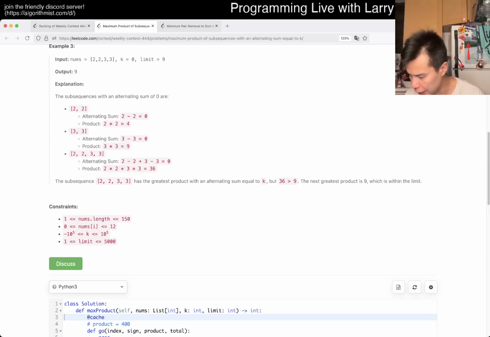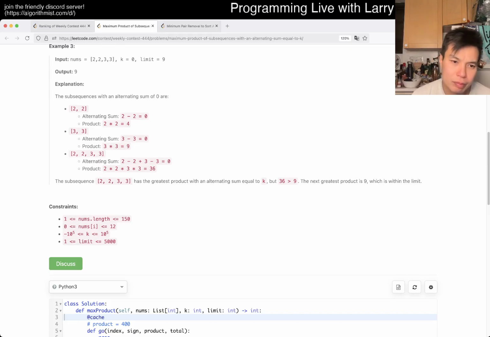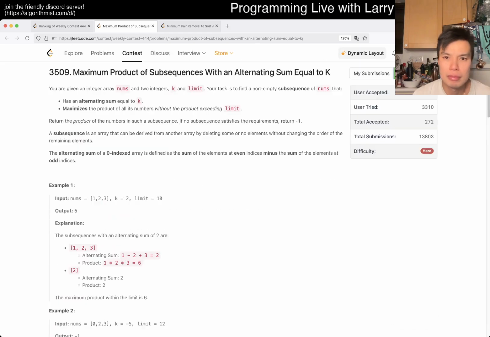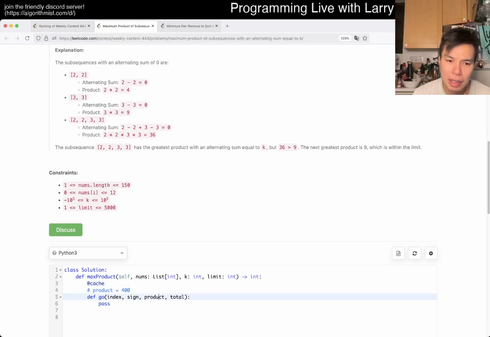Can I work backwards from the answer? N is equal to 150. Product. There's only 400 distinct products. The sum. Can I get rid of one of these dimensions?